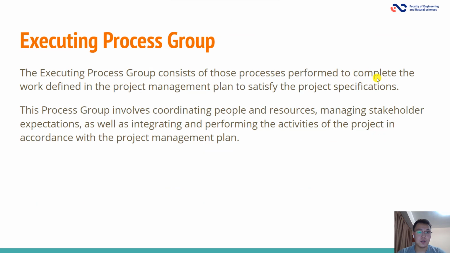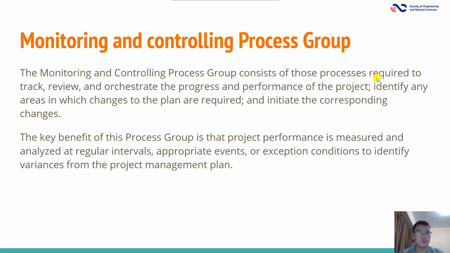Executing process group. The executing process group consists of those processes performed to complete the work defined in the project management plan to satisfy the project specifications. This process group involves coordinating people and resources, managing stakeholders' expectations, as well as integrating and performing the activities of the project in accordance with the project management plan.